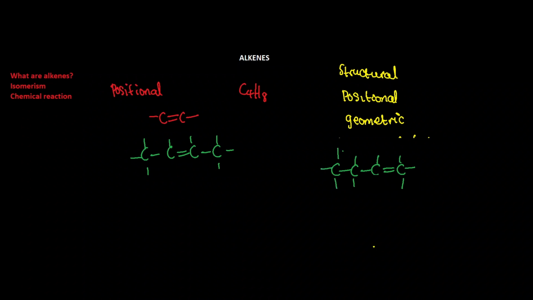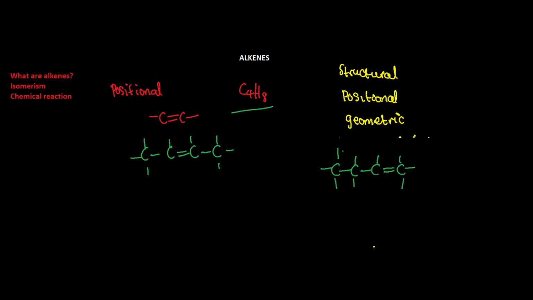Now notice that these two molecules have the same molecular formula, which is C4H8. They also have the same structural formula, in that we have a continuous carbon chain made up of 4 carbon atoms.